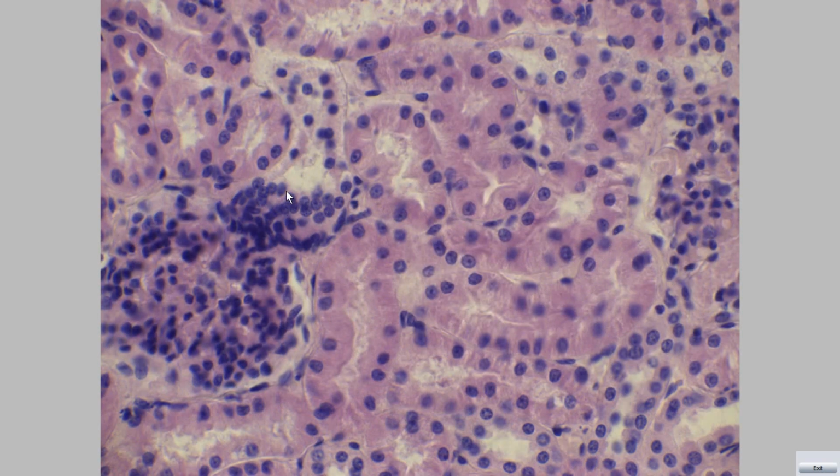It consists of closely packed columnar cells of distal convoluted tubule.